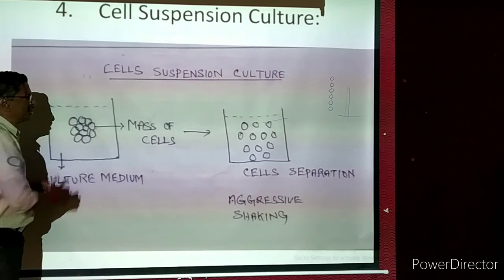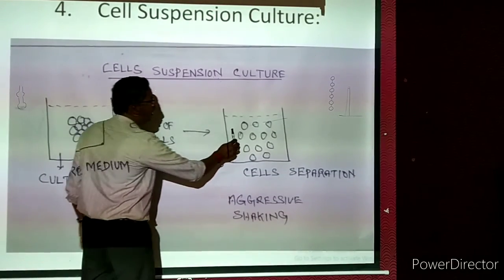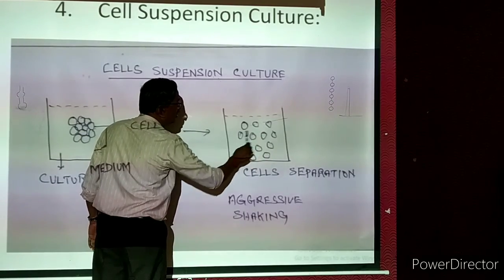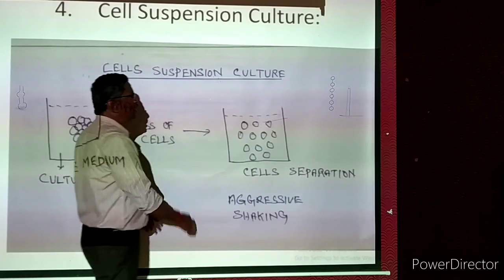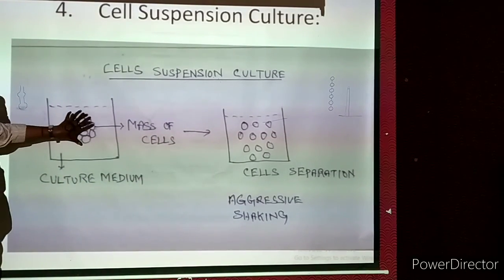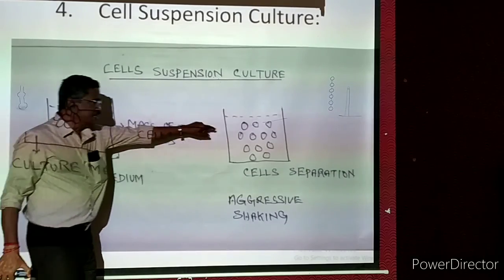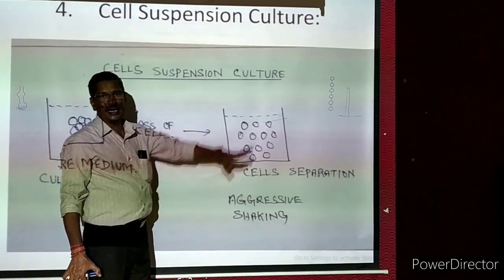At the time of separation, one or two cells may be damaged, but we are not bothered about that. The majority of the cells are separated fully. So one cell can be taken separately and used for any other research purpose. We don't want a mass of cells, we want separate single cells. For that, the cell suspension culture technique is used.